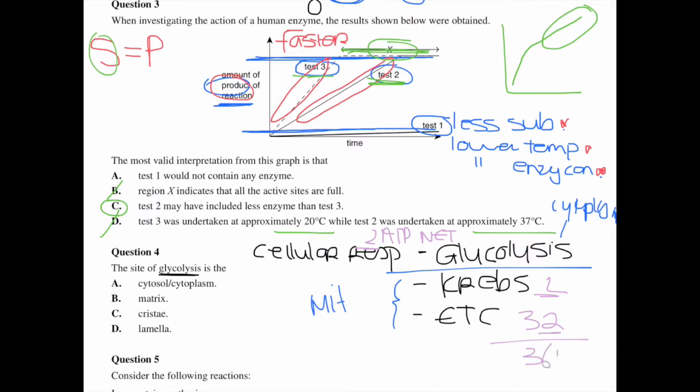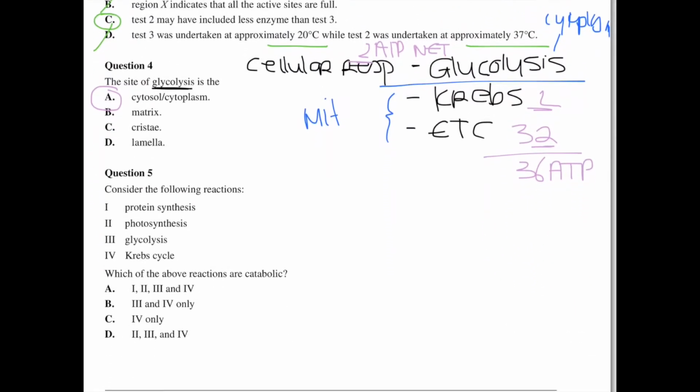All right, so that adds up to 36 ATP. And we are going to be talking about that a little bit shorter in the short answer. Okay. So glycolysis is in the cytoplasm, the matrix, the cristae, or the... and it's A. Beautiful.